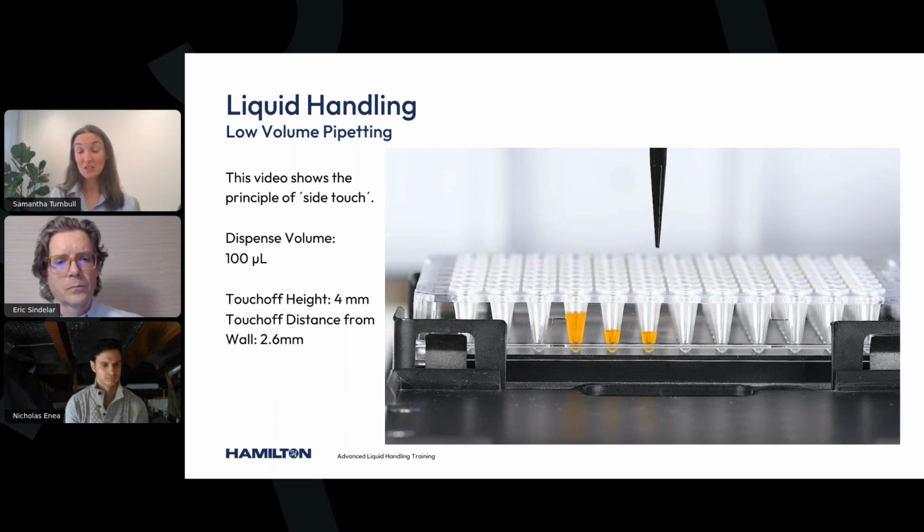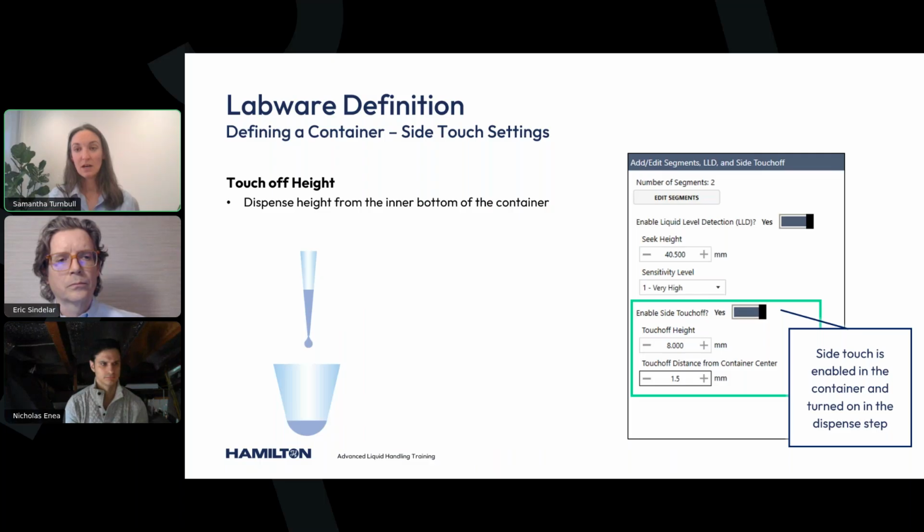Now, based on this, you can hopefully tell that these distances are 100% tied to the geometry of that well. Imagine if your touch off height is slightly different, that touch off distance would need to be different. Or if you had a flat bottom plate with cylindrical wells, it would look very different. And for that reason, these heights and distances are set in the labware definition itself.